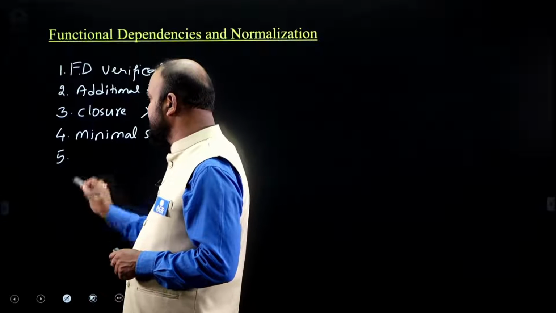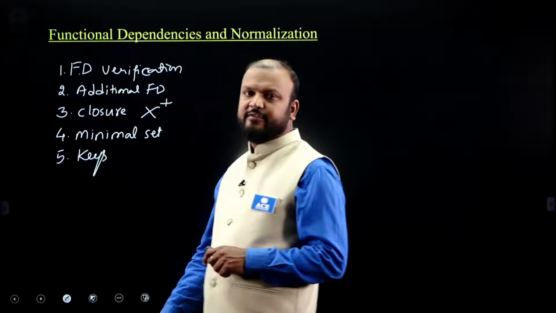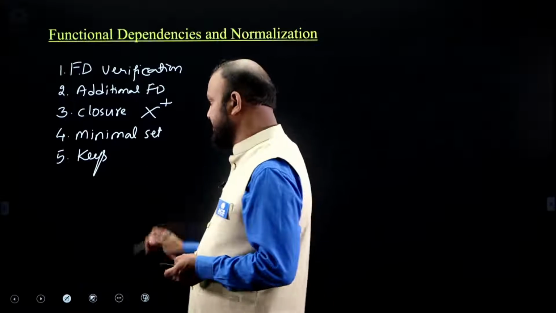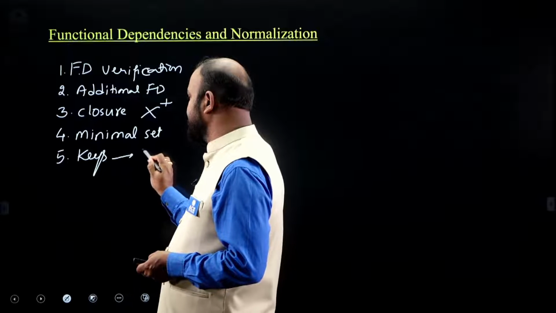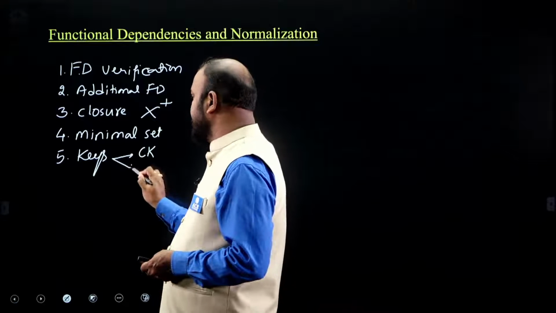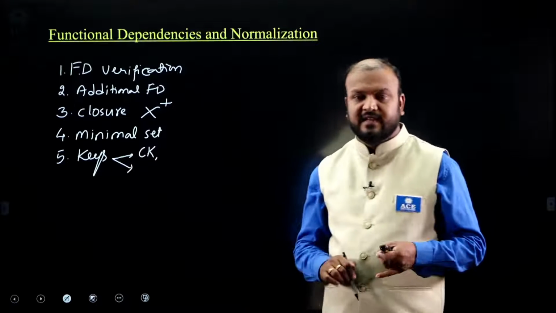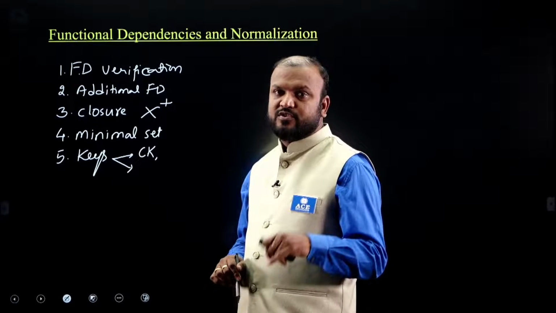The fifth one is most important: good questions on keys. A variety of questions are asked, like a relation with dependencies is given and you are asked which of the following is a candidate key of the relation, how many candidate keys a relation has, or which of the following is a candidate key but not a super key.